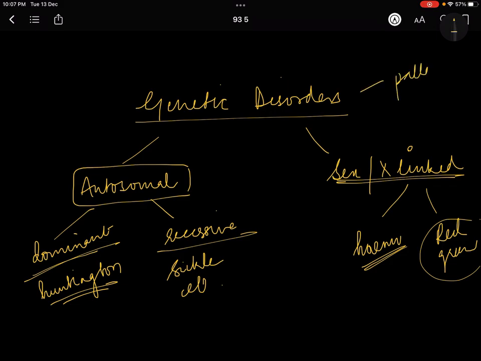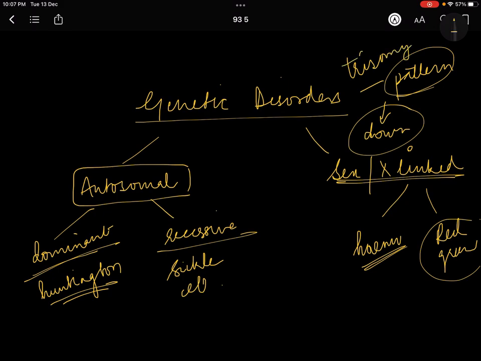For example, on the non-disjunction of the chromosomes. Many times during meiosis, the chromosomes do not detach properly. So that is why the numerical changes are there, and there are so many others. In pattern, in non-disjunction you can say Down syndrome, Turner syndrome, mostly the trisomy ones come in this, because they are not able to detach, okay? So they come under non-disjunction. All these are the topics for tomorrow, do not worry, I just gave you an understanding.